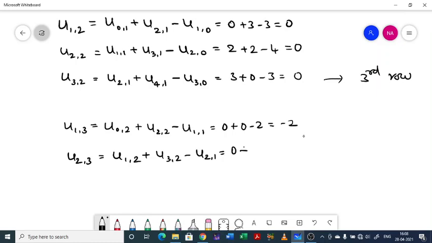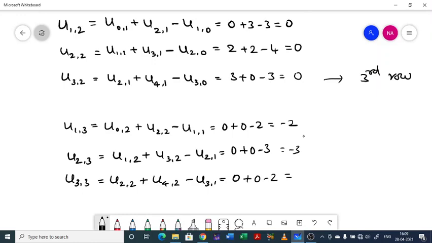That is 0 plus 0 minus 3. But obviously it will be minus 3. Next, u3, 3. That is u2, 2 plus u4, 2 minus u3, 1. It will be 0 plus 0 minus 2. So it is minus 2. This is fourth row.